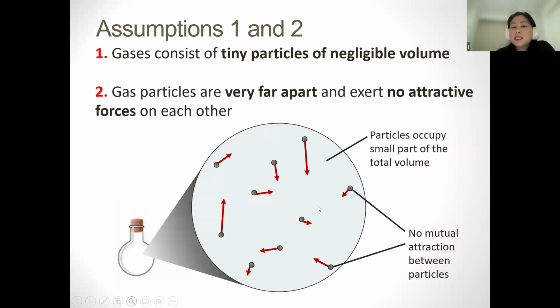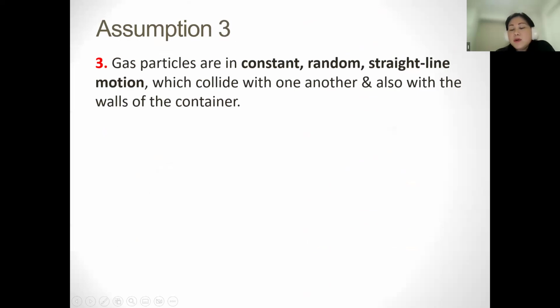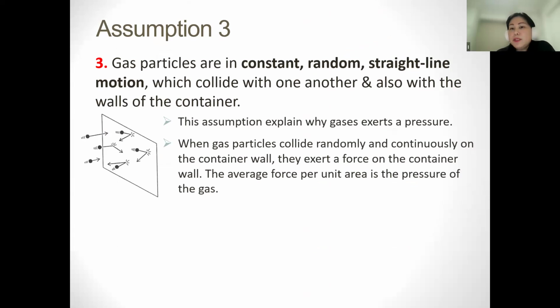Gases are very far apart, so there's no intermolecular force between the molecules or particles. And they're always moving, bumping into each other, and even if they bump into each other, there's no loss or transfer of energy. Every collision is perfectly elastic.